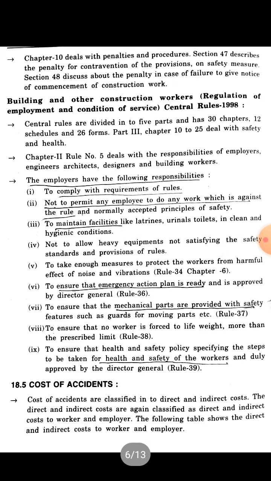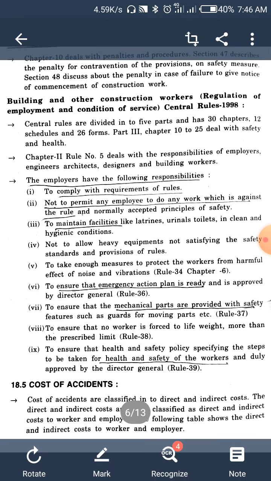Now the next important point is the Building and Other Construction Workers (Regulation of Employment and Conditions of Service) Central Rules 1998. Here the employer has the following responsibilities. First, to comply with the requirements of the rules and not to permit any employee to do any work which is against the rules. Third, to maintain facilities like latrines, urinals and toilets in a clean and hygienic condition.